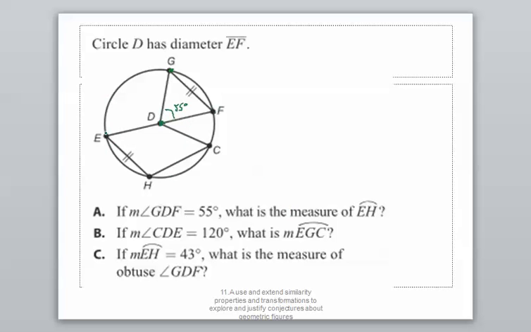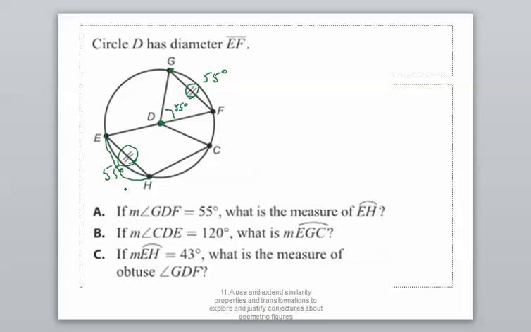EH. That's this one here. Well, there's a theorem that you're going to get in the course. See how this chord equals this chord right here? That means these arcs are the same length as well. So this one's 55 degrees, and this one out here would be 55 degrees as well.